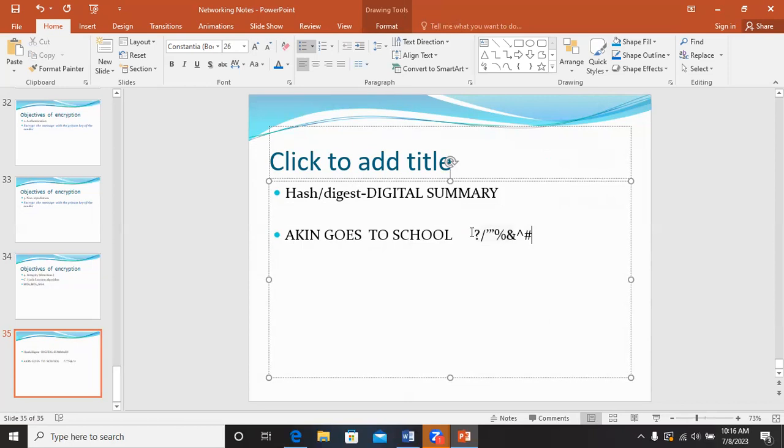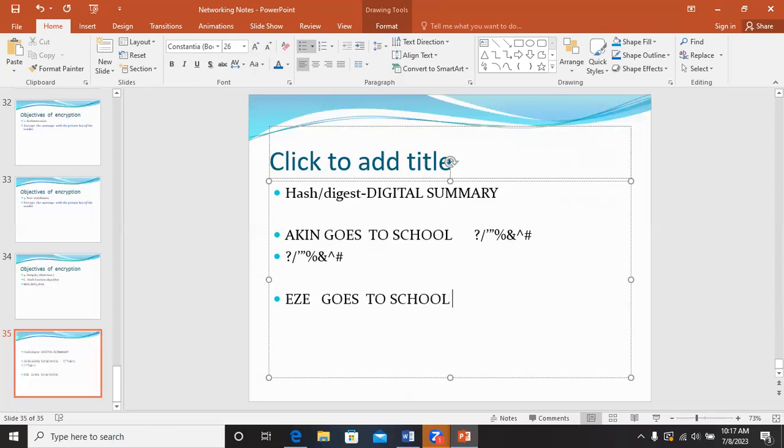The sender sends this, and the receiver also gets this. You compare, and it's the same thing. That means the message has not been tampered with. But let's assume that before the message gets to you, somebody was able to change it to another book. Of course, there's another book called Easy Go to School.